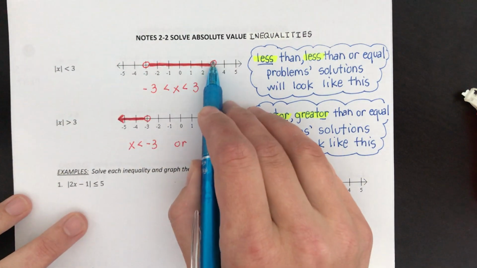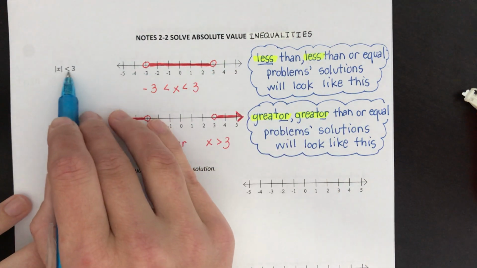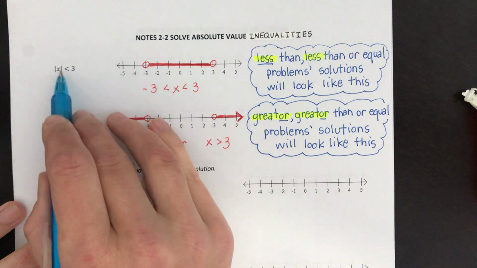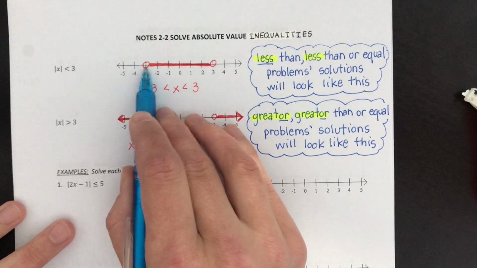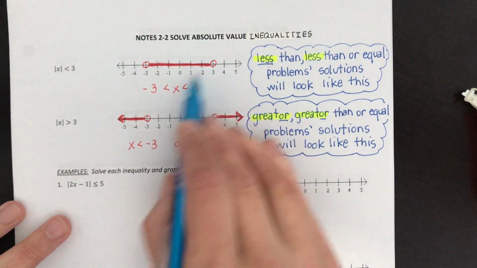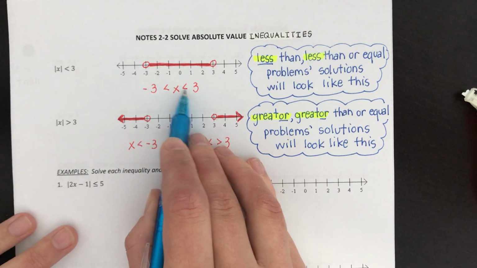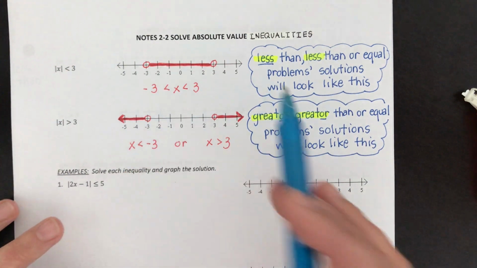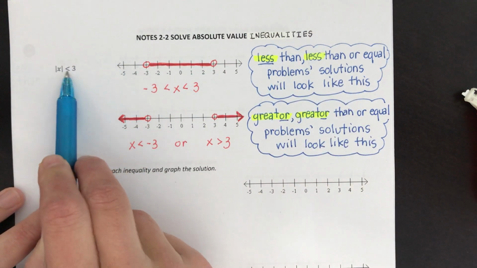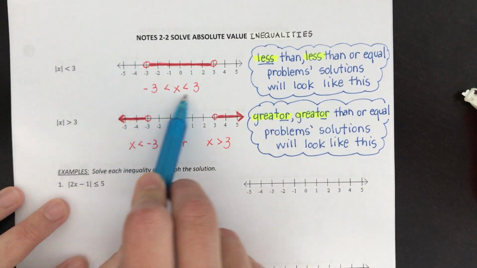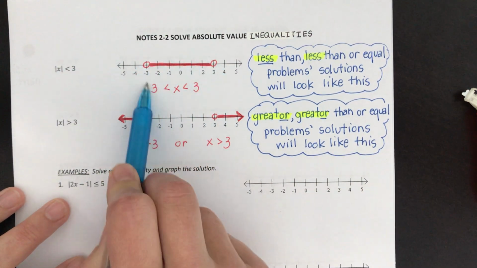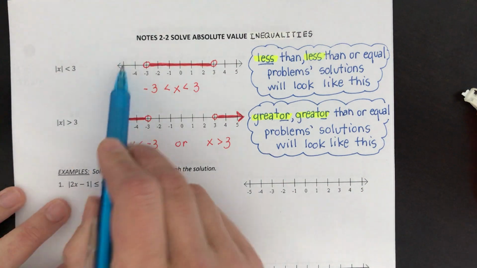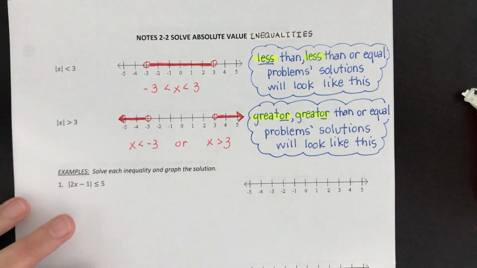This would be a closed circle if this were "or equal to" here, and the only difference is that the circle would be shaded in and the bars would have little lines down here. But otherwise, anytime you have less than or equal to, you will have a solution that looks something like this, where everything in the shaded region will create a true statement when plugged in, and everything outside will create a false statement.